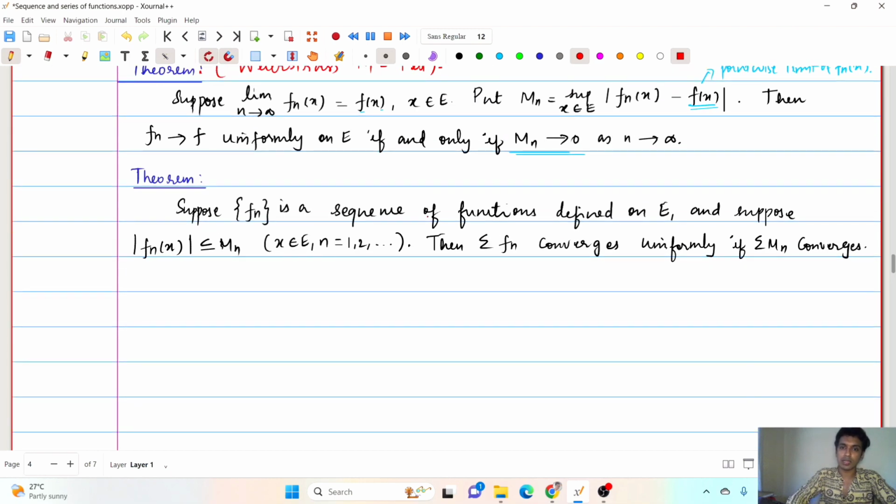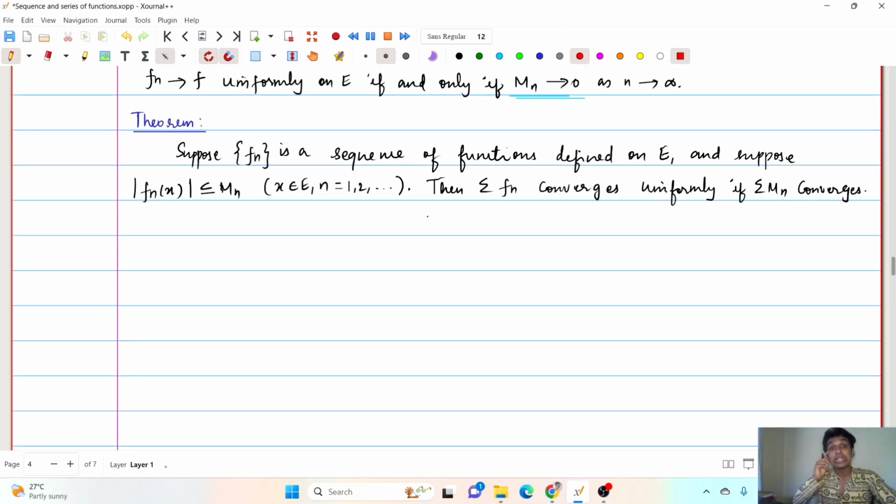The next theorem that we have is for the series of functions. We basically have a sequence of functions defined on a set E, and that function is pointwise bounded. For each n we are able to identify a corresponding Mn. Then this boundedness is there, then summation fn converges uniformly if summation Mn converges.